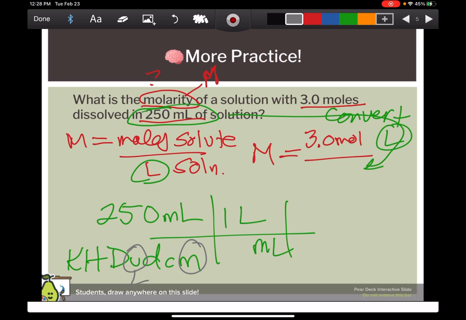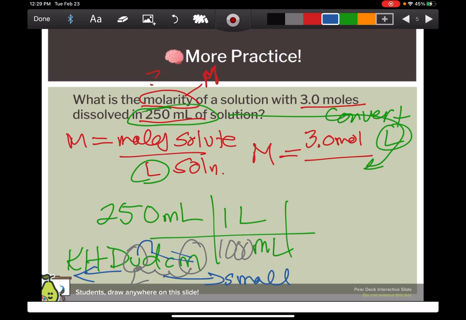And they are 1, 2, 3 away from each other, which means 10 times 10 times 10 or 1,000. Milliliters are smaller. The smaller ones are always on the right and the larger ones are on the left. And remember, they differ by 10 each time I move, so it's 10 times 10 times 10.